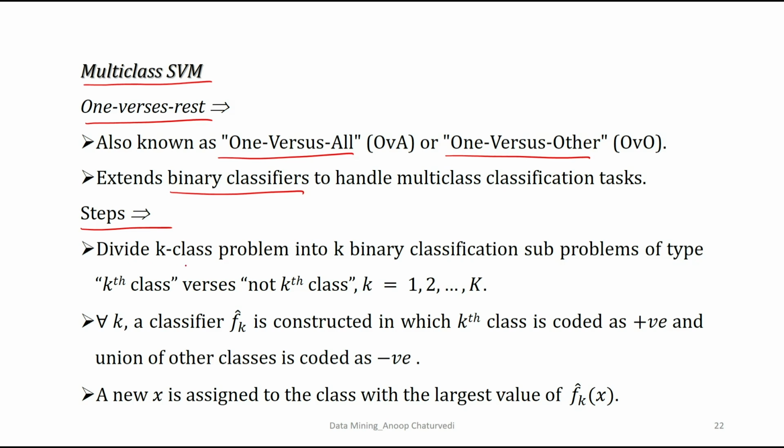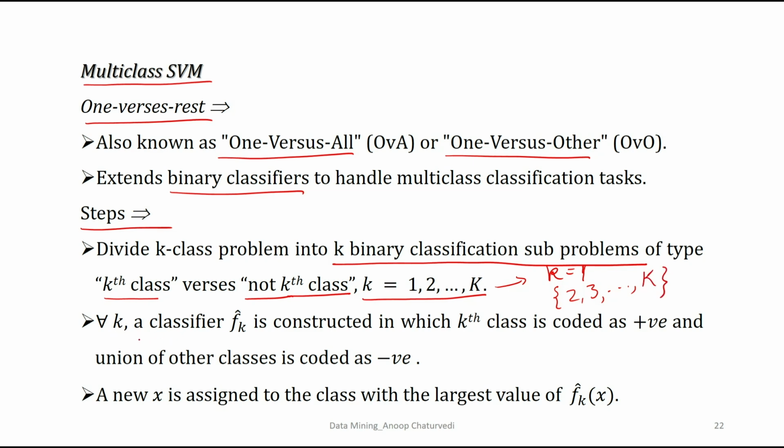What we do, we divide the K class problem into K binary classification subproblems of type kth class versus not kth class for all k equal to 1 to capital K. So, suppose you have taken a particular value of k, say k equal to 1, then not kth class means in that class you are taking all the observations which belong to 2, 3 or capital K. Then for all k, a classifier f hat k is constructed in which the kth class is coded as positive and the union of other classes is coded as negative.